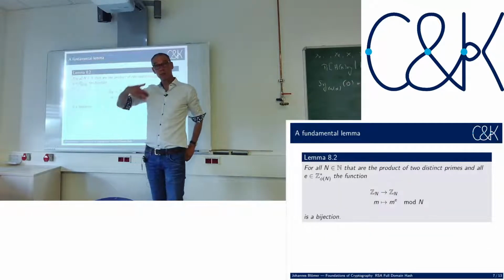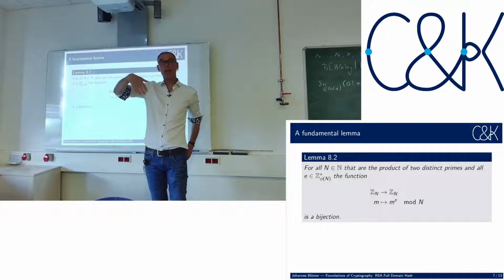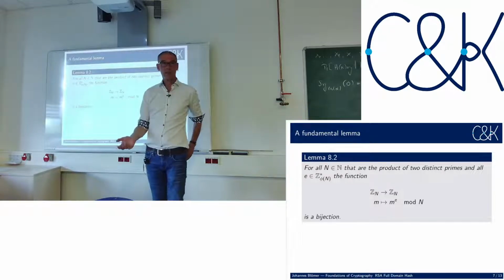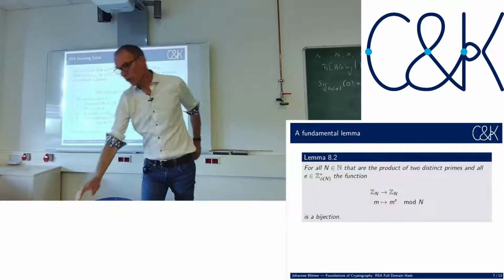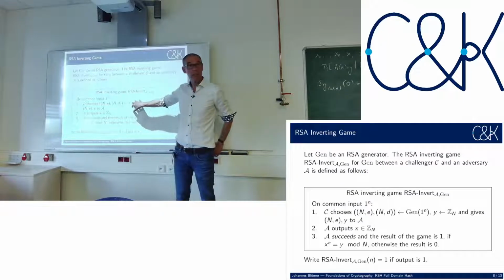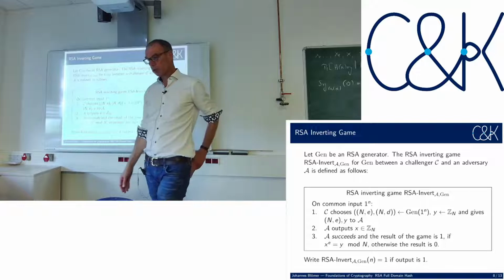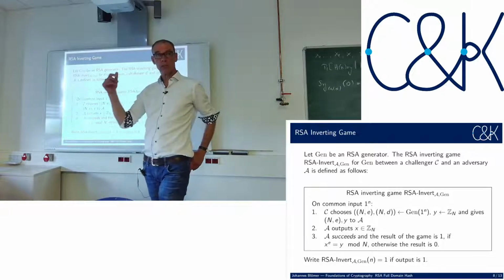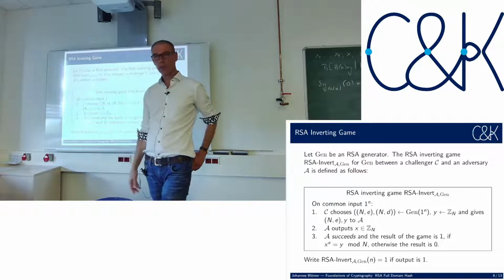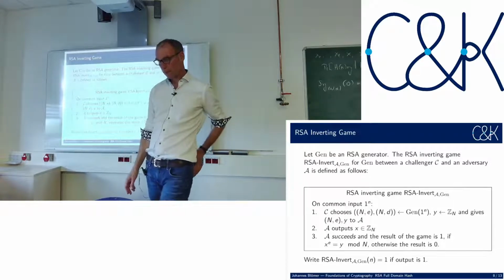And then you have to provide a pre-image for y under this function. And this y is chosen also from the corresponding domain. When we talk about trapdoor permutations, we will see this again. Actually, this will be one of our most important examples for trapdoor permutation. Okay.